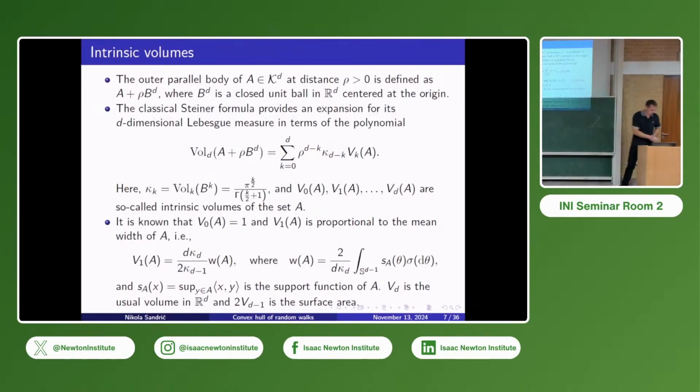Maybe the best way to explain them is through this formula, which is called Kubota's formula. So V_k of A can be understood or intuitively explained in this way. It's some constant which depends on the dimension of the state space and this parameter k. Then take our set A, take a rotation in the d-dimensional space.